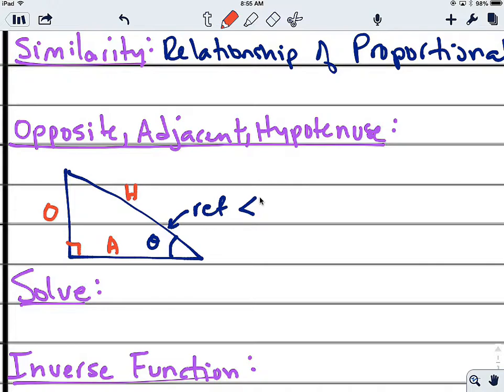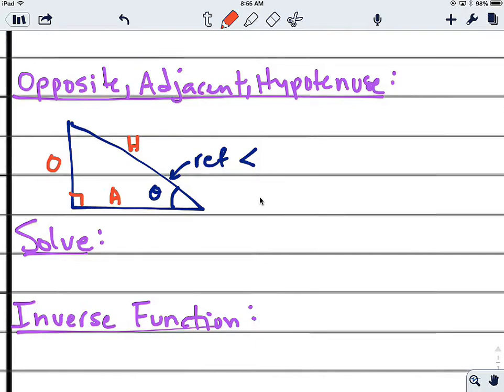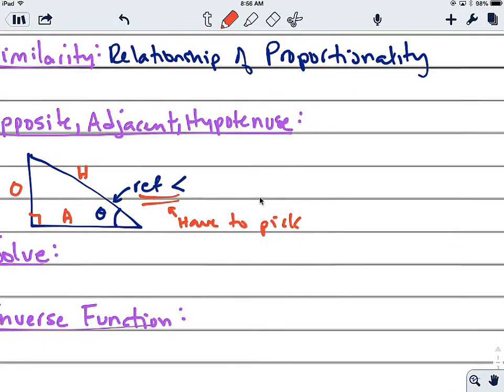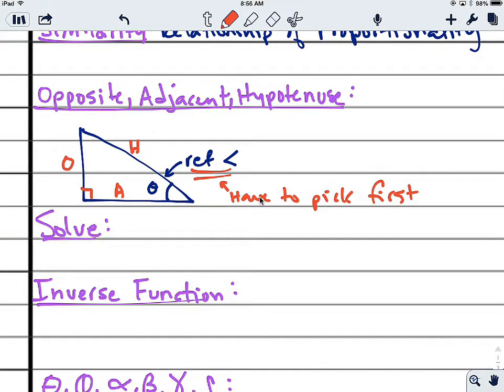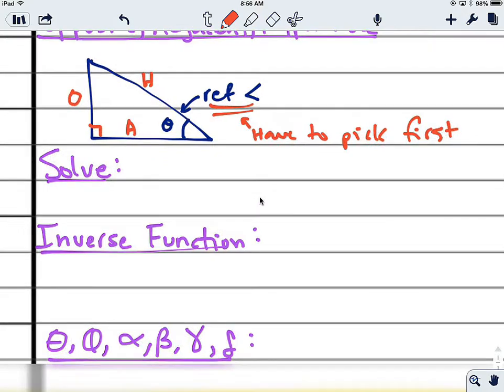You have to pick the reference angle first, which is why that's always the first step of solving a triangle. If you don't pick this reference angle first, then you don't know what the pieces actually mean.